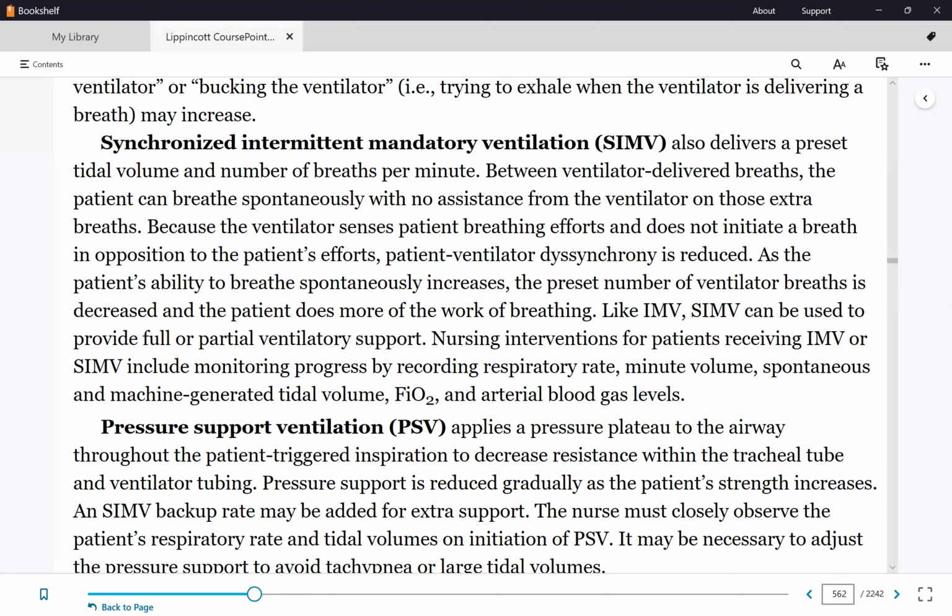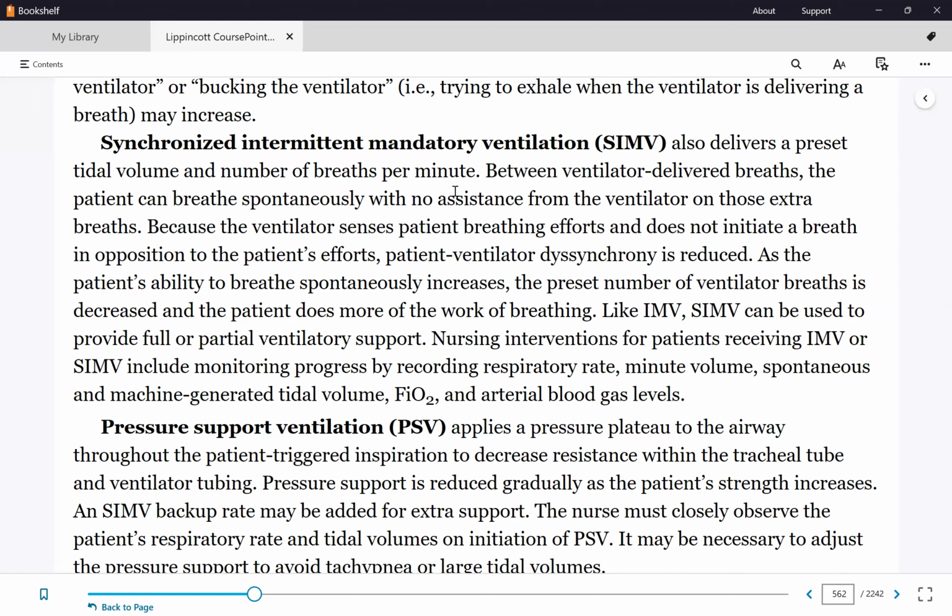Remember, the patient came from the AC mode, and now we switch them to SIMV because they were getting better. They were taking more and more spontaneous breaths. So since this has a preset tidal volume and preset rate, what do you think the preset rate will be if the patient is taking more breaths here?